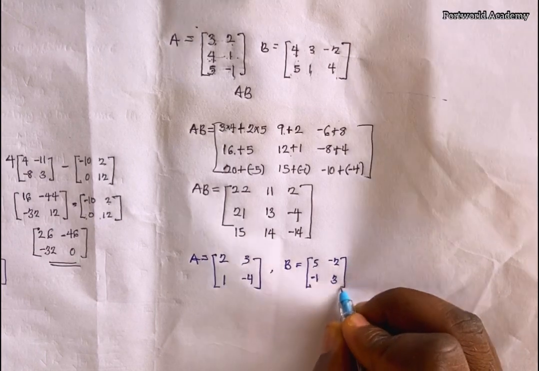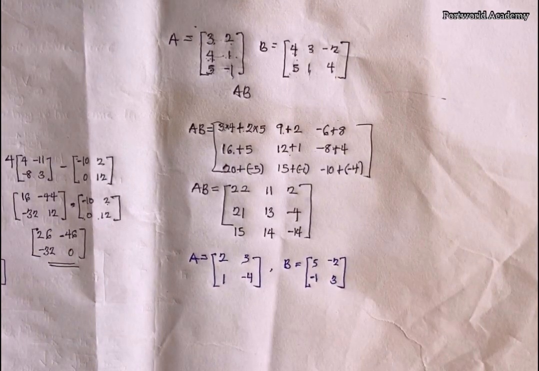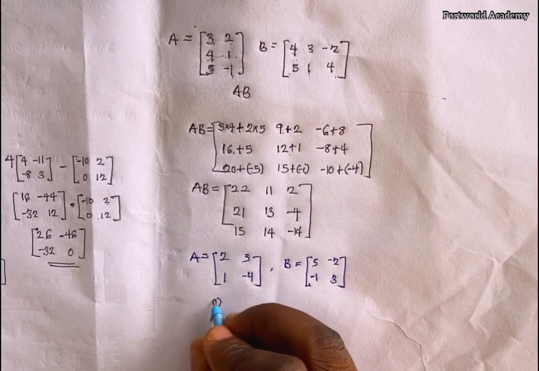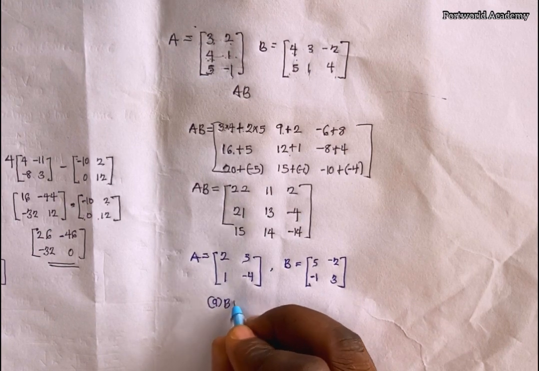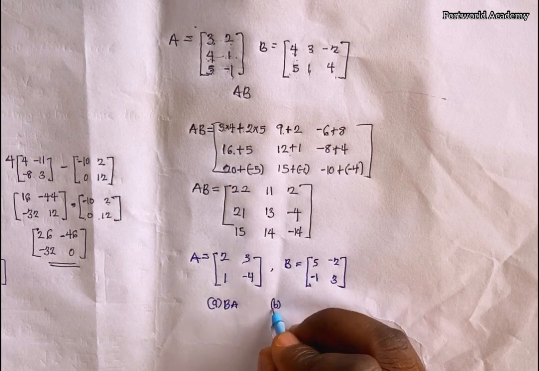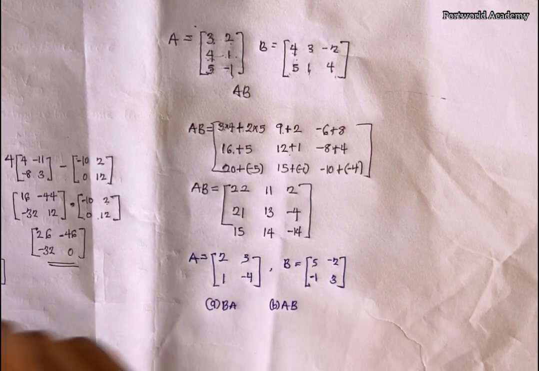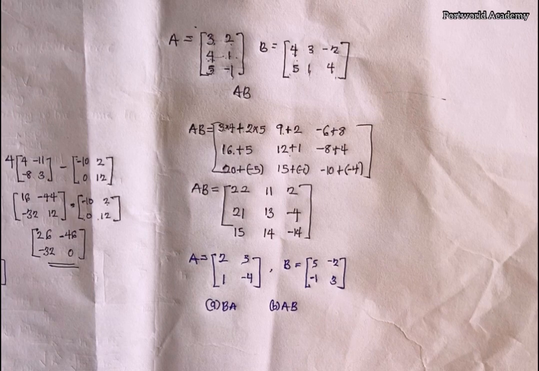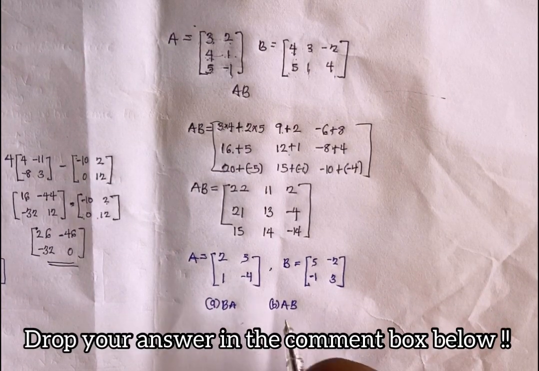Suppose we are given this and this, and we are asked to find BA and AB. Let's see if this is actually the same.